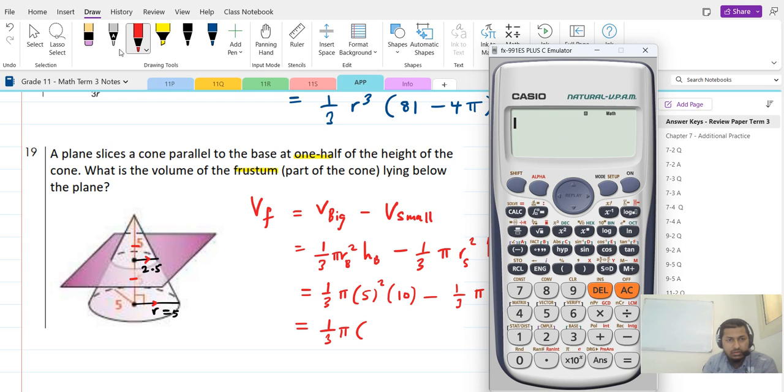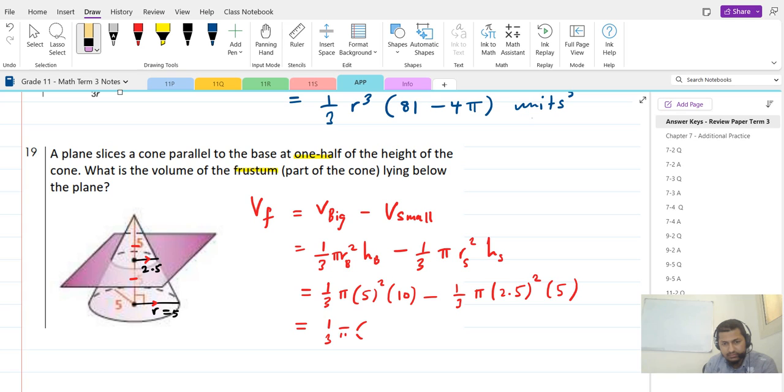Actually don't do this, just because we want an answer. Put the answer in both, in terms of pi and in terms of decimal value, if it's a written question. But if you leave your answer in terms of pi, that's more accurate, right?